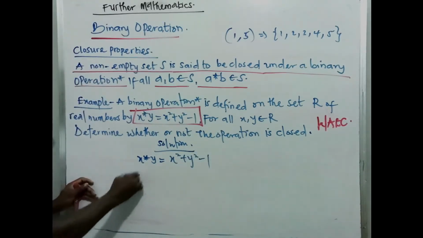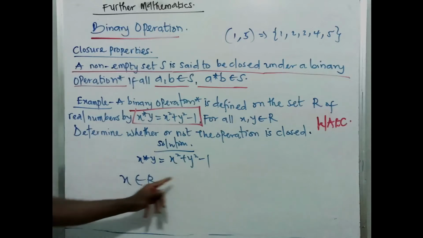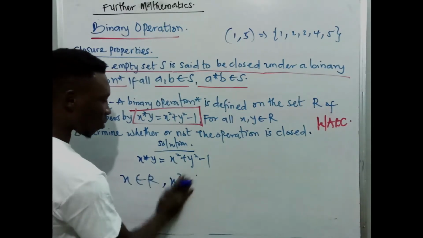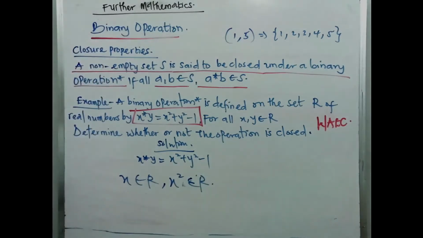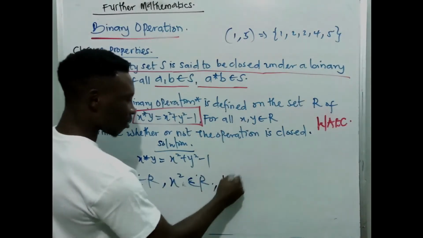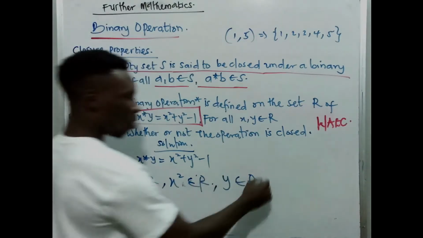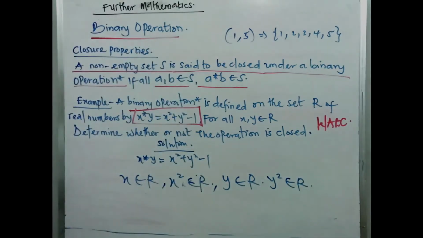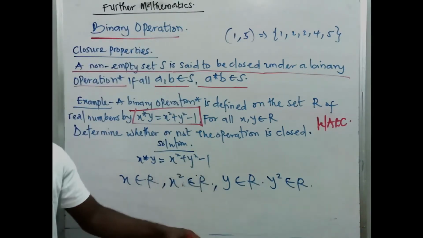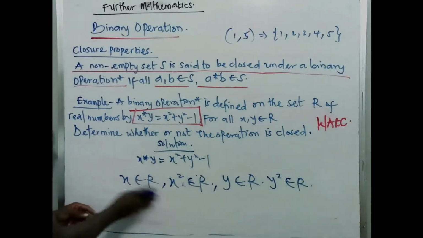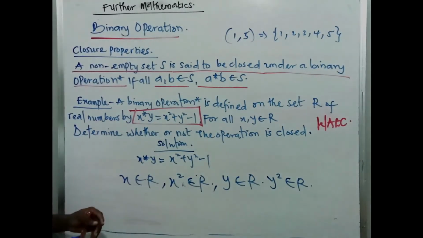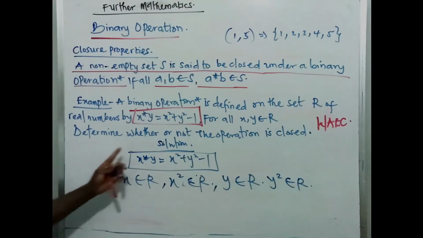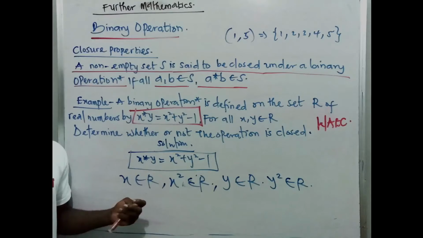First and foremost, x is in R. Therefore, x squared is in R. Going further, y is an element of R. Therefore, y squared is an element of R. Now, with this, if all these are found in R, I can further conclude that this particular expression is closed.